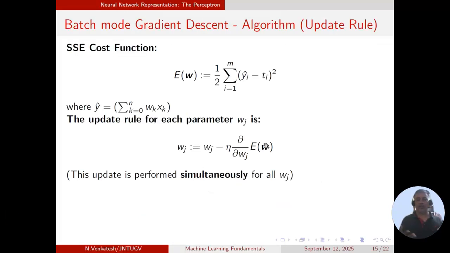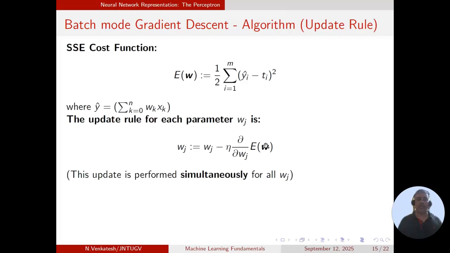It can be solved by using a gradient descent algorithm. Here we are considering a cost function as the sum squared error. Suppose there are m training examples. The error is the output of the neuron, that is y cap, minus the actual output that is required, t. So y minus t gives the error, and we consider the sum of the squared error over all training examples.